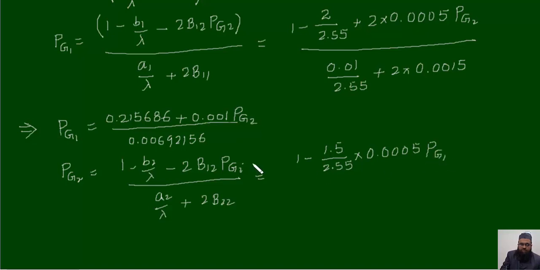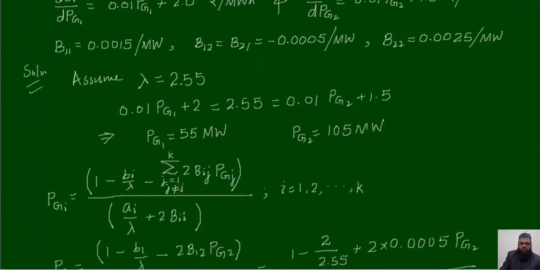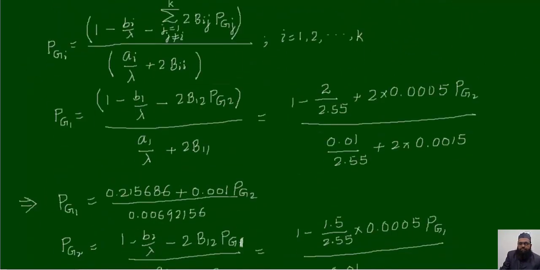Pg1. So I is 1 here. Basically this is Pg1. Pg1 upon A2. A2 and A1 are same, 0.01 upon lambda is 2.55 plus 2 times B22. So B22 is given as 0.0025.